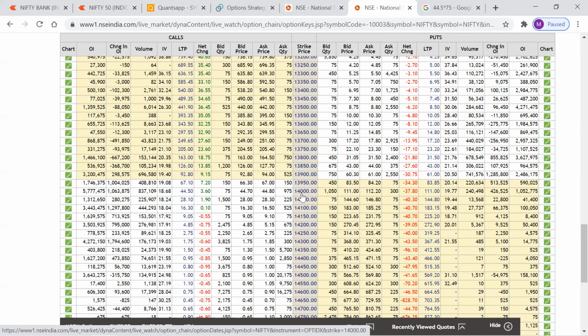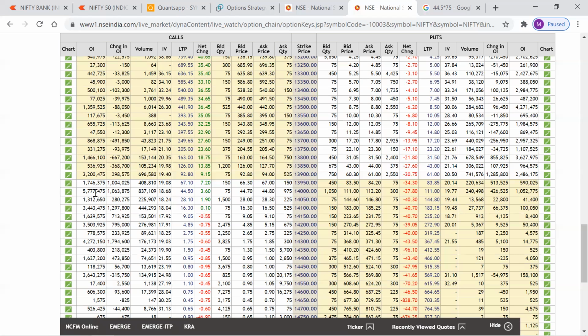That means a lot of people are also expecting like us. Like I told you, the value of OI and the value of change in OI will change every 1 or 2 minutes. It varies from minute to minute. Many people will drop their orders, or many people will expect the same and place their orders.